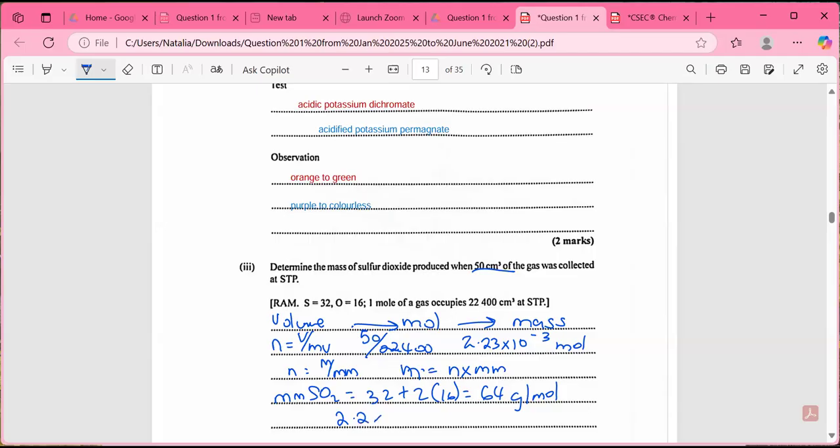So 2.23 times 10 to the negative 3 times 64 is equal to 0.143 gram. Clear? Yes, miss.